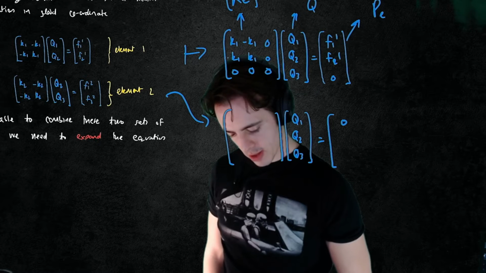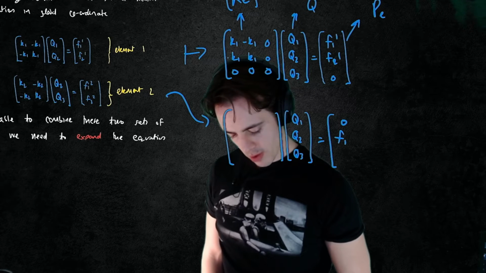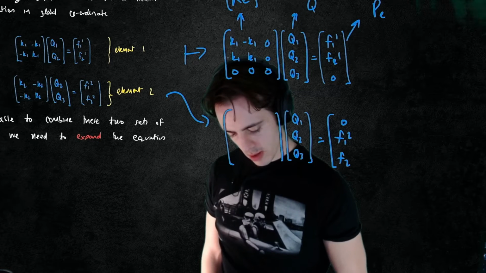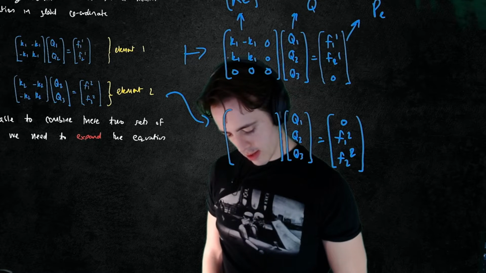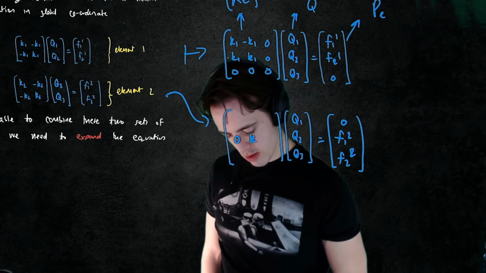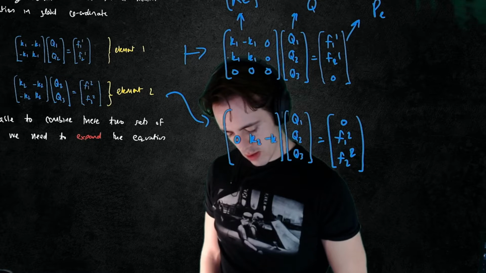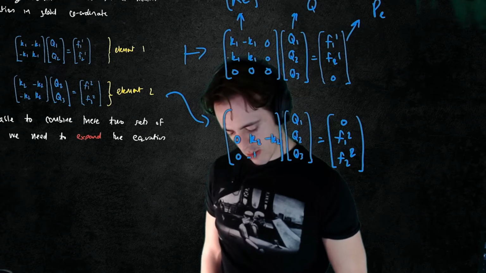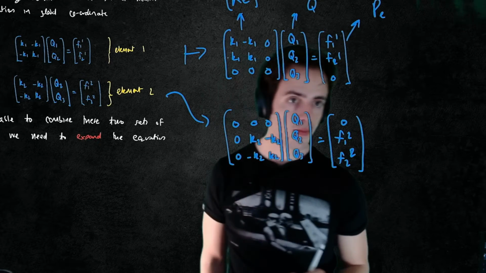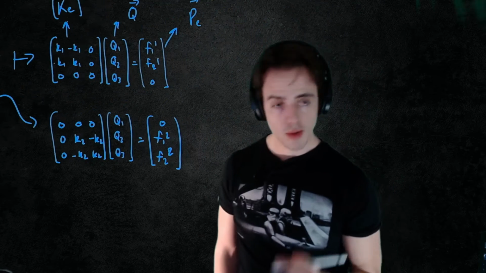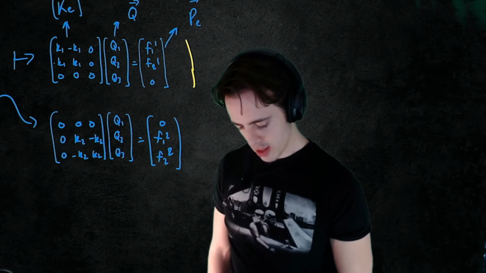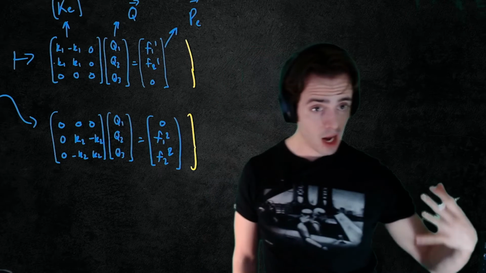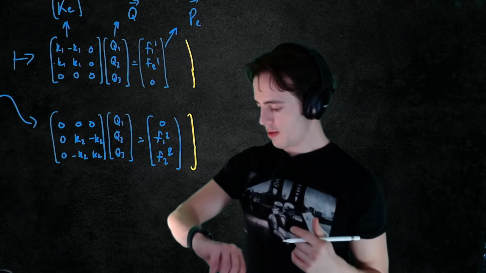It's going to have a 0 at the top, F12, F22 rather, and then this is going to have 0, K2, minus K2, 0, minus K2, and K2, 0, 0, 0. Okay, so we've got the same thing here. Now this is still just element 1 and element 2, but these are now in the global coordinates.